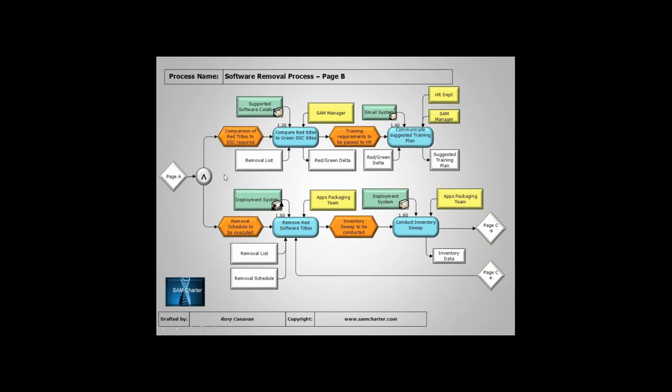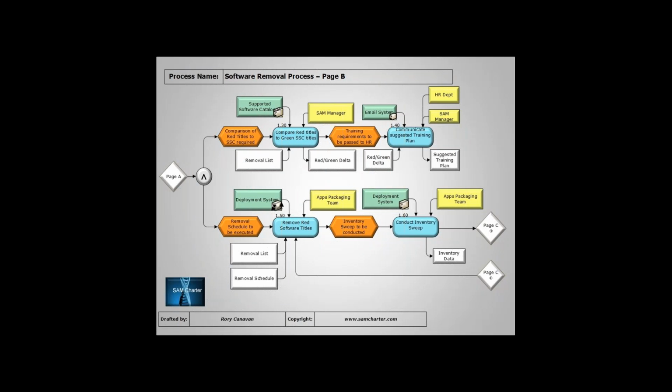We move on to page B, and you see there's a split in activity here, and the top stream of activity looks to address the secondary objective that we highlighted. So if we're removing red titles, we perhaps need to take the time to compare those red titles to the green titles that we have in place.